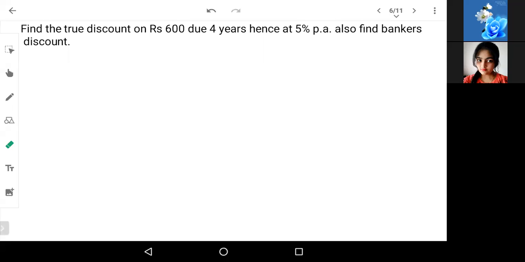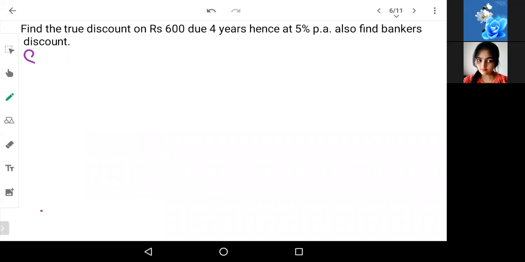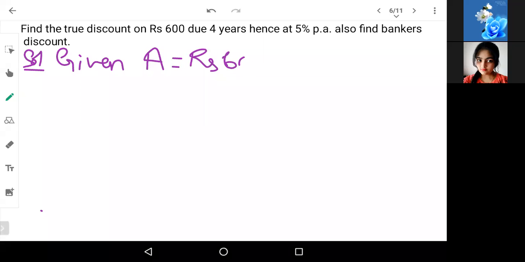Okay, so let us start. First, we will write what all is given to us. So, solution given, amount is given to us, that is 600 rupees. And then the duration here is denoted by capital N. In simple interest, we usually take it as time, simple interest and compound interest.